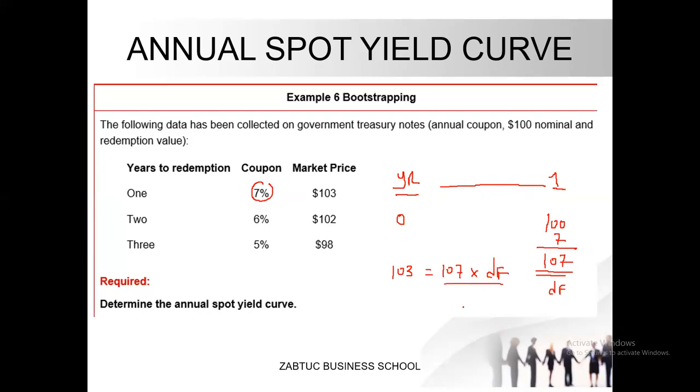So what is this discount factor, people? Can somebody work out what the discount factor is? So when we divide, we are getting 0.963.